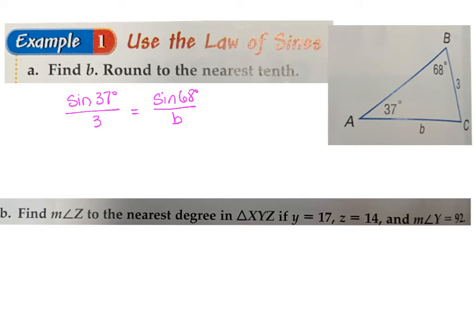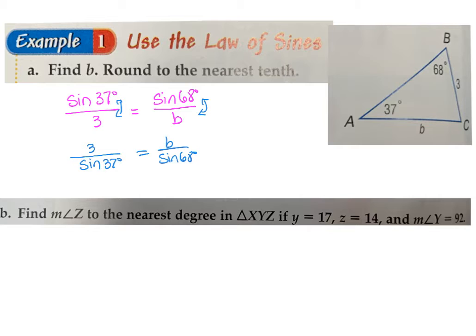That's what we're looking for. By the way, when what you're looking for is in the denominator position, you can reciprocate both sides. I can flip both of these: 3 over sine 37 equals b over sine 68.